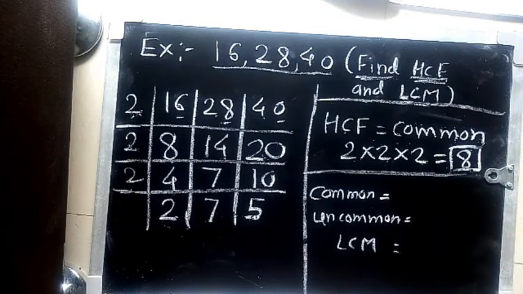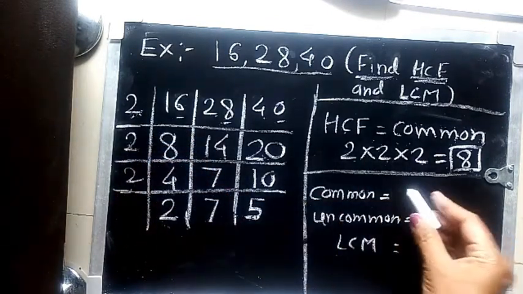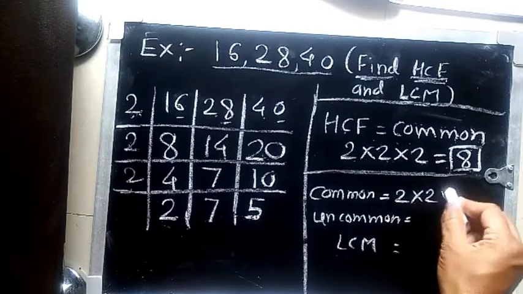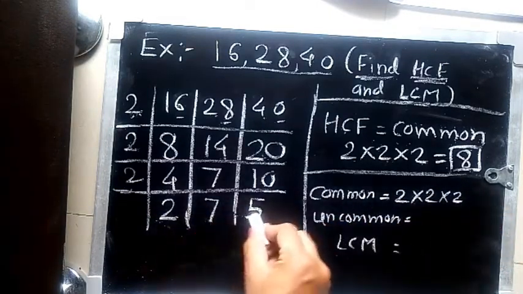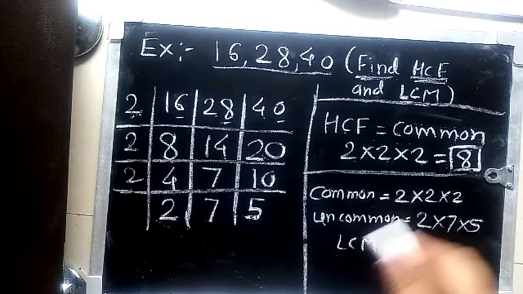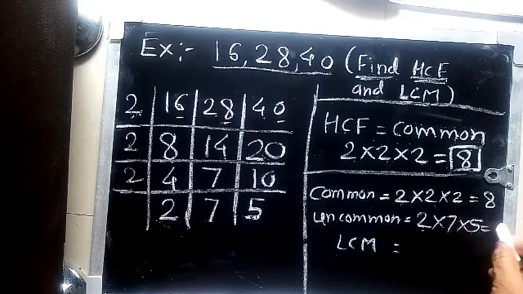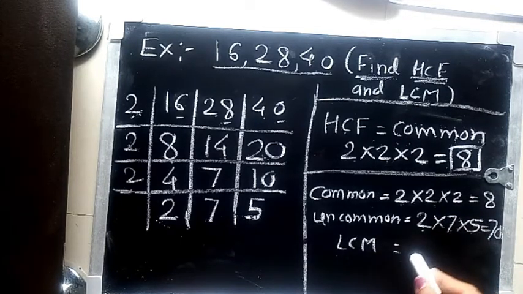HCF is 8. When finding the LCM, write down common numbers and uncommon numbers. Common numbers 2, 2 and 2. Uncommon numbers are 2, 7 and 5. Multiplication is 8 and multiplication is 70.